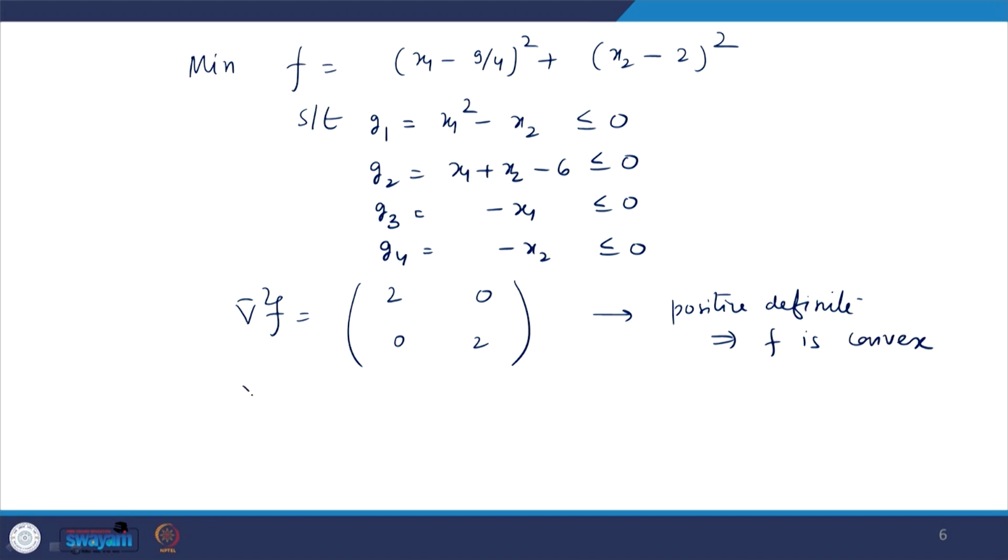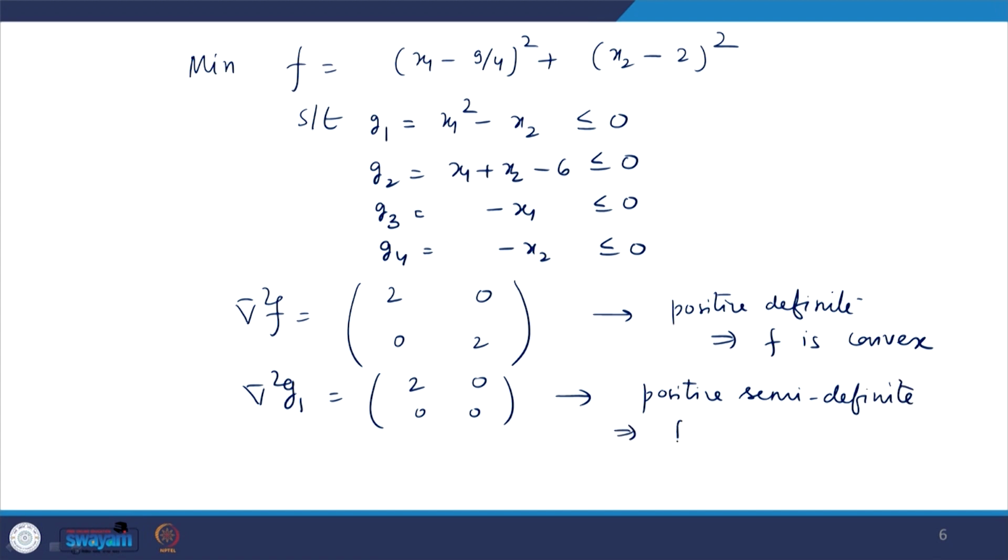Now, similarly find the Hessian matrix of G1, it is [2 0; 0 0], which is again positive semi definite. So, hence we can say that this problem is a convex programming problem.